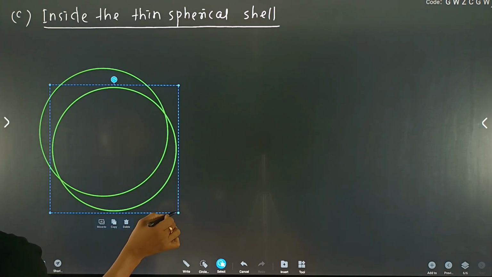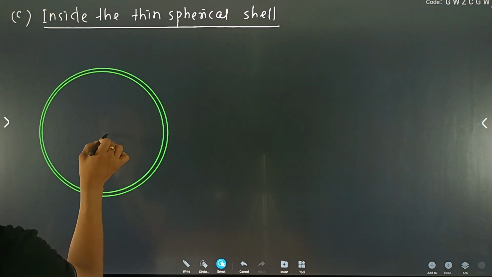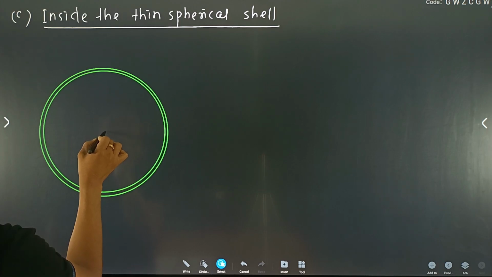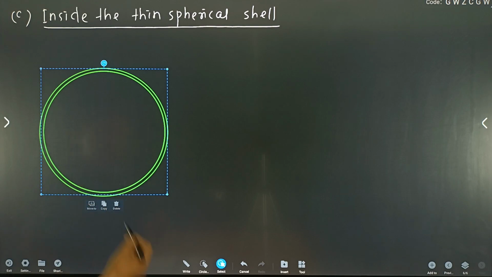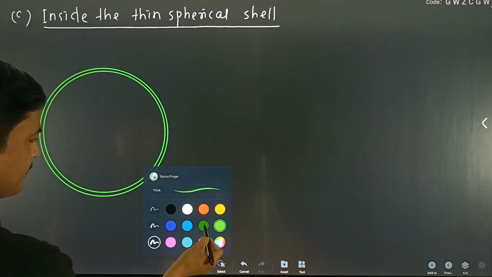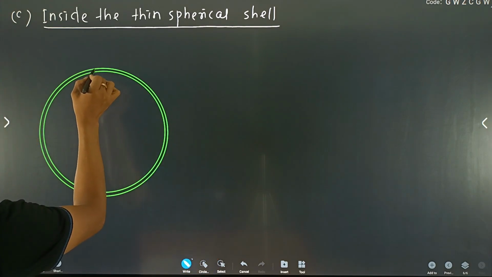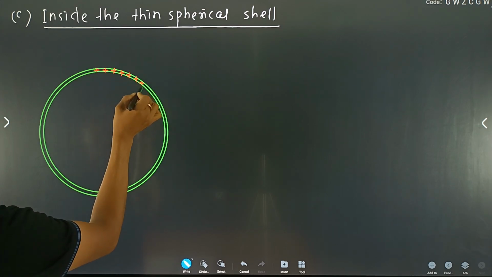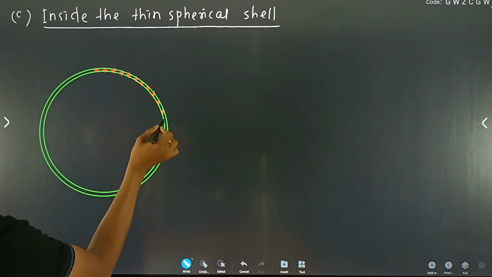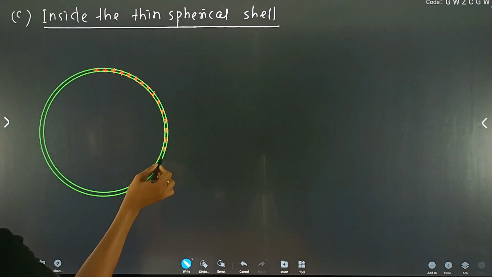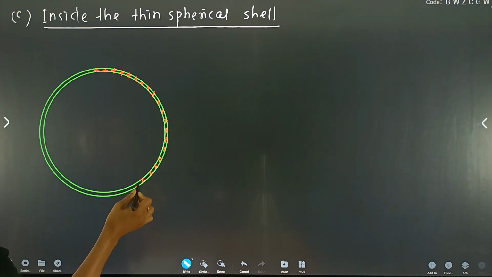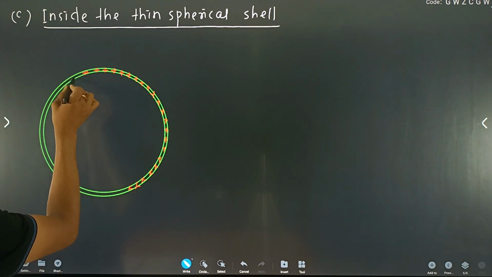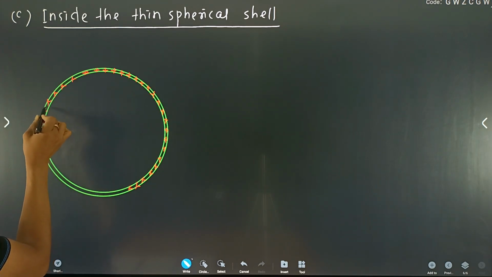This one is the inner surface of the thin spherical shell, and this is a thin spherical shell, and the total shell is positively charged, just like this. This is a positively charged thin spherical shell. Clear?